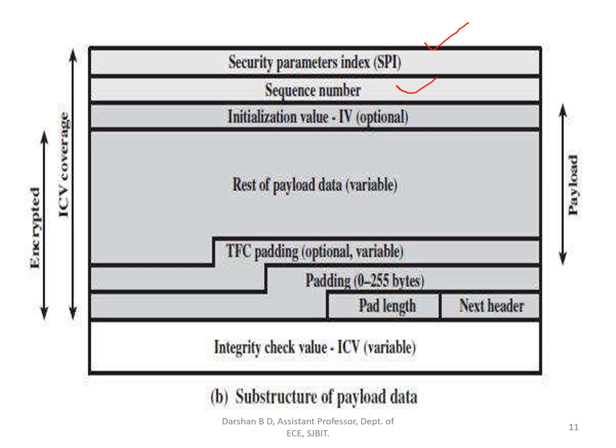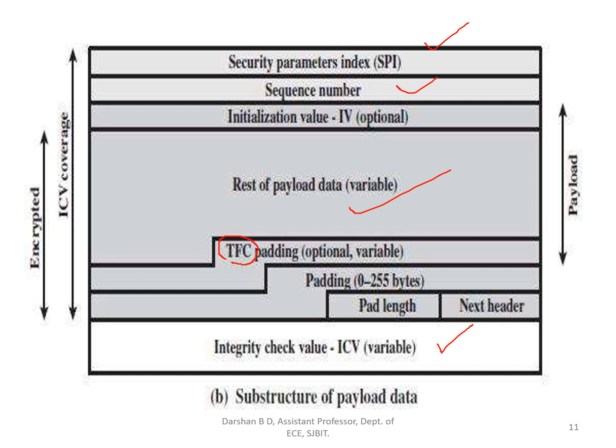Then the rest of the payload data, which is variable. Then the TFC padding, traffic flow confidentiality padding, which is optional and variable. Then the same padding as in the ESP header: up to 256 bytes of padding, 8 bit of pad length, and 8 bit of next header. The integrity check value, ICV, is also variable.